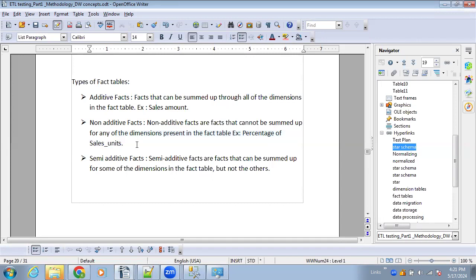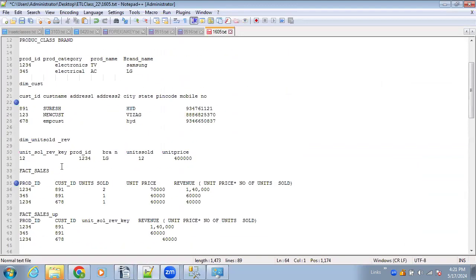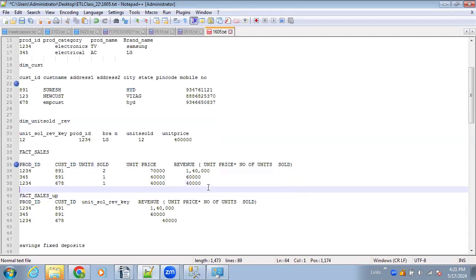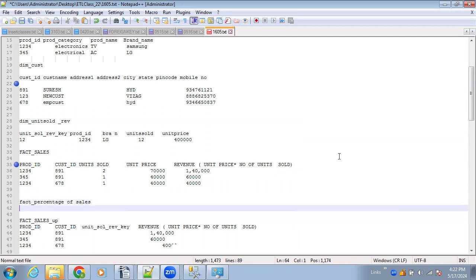Example, percentage of sales units. So we have fact_sales, which we have created, right? There also there will be sums and all that stuff. I'm just creating one more fact table, fact_percentage_of_sales, and maintaining it separately for the sake of readability.